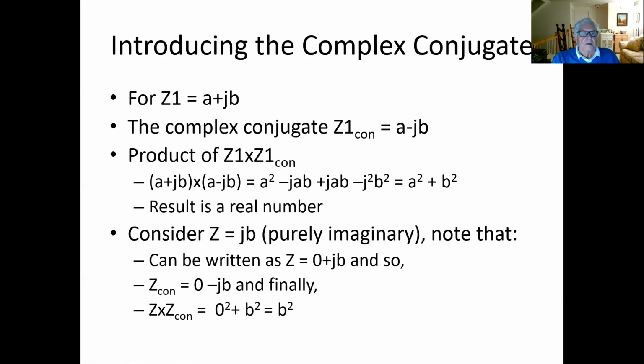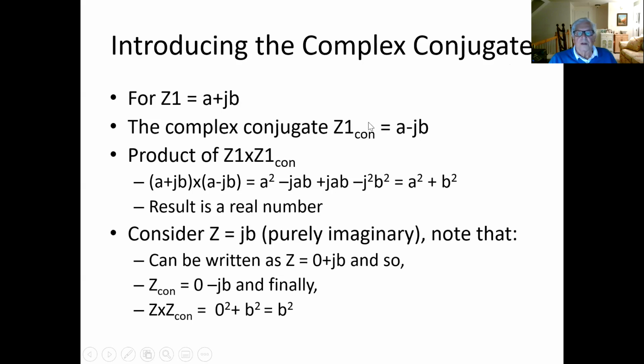Okay. Now at this point we're going to introduce the complex conjugate. A complex conjugate is a number where we take the opposite sign of the imaginary portion of it. So if we have A plus JB, we get the conjugate as A minus JB.